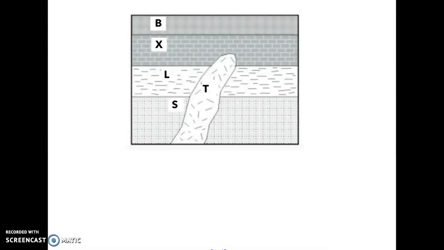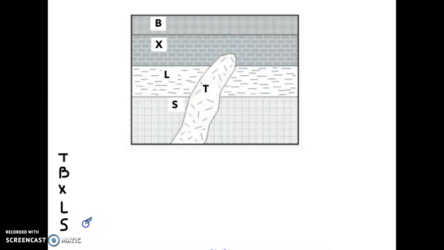All right, go ahead and look at this one and give it a try. Okay, for this one, you could have had two possible answers. So you could have said your oldest is S, then L, then X, then B, and then T, because you could say T is currently in the process.